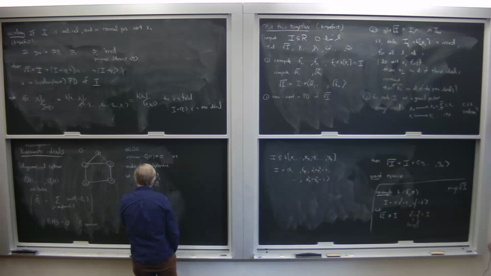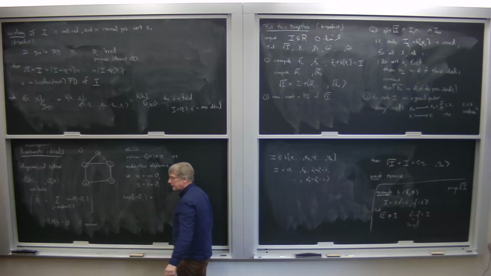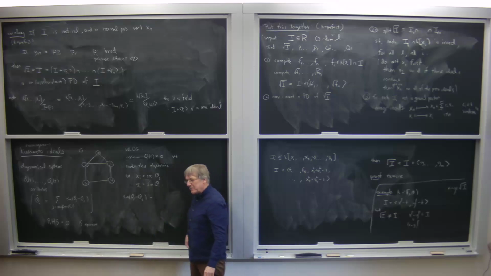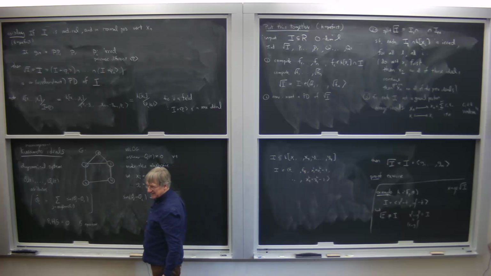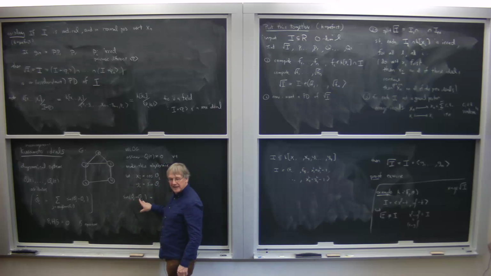What does this turn into? It depends if you've been teaching calculus lately. It's sine theta j times cosine theta i. Well, actually, because of the minus, it's plus. No, it's minus sine of theta j.